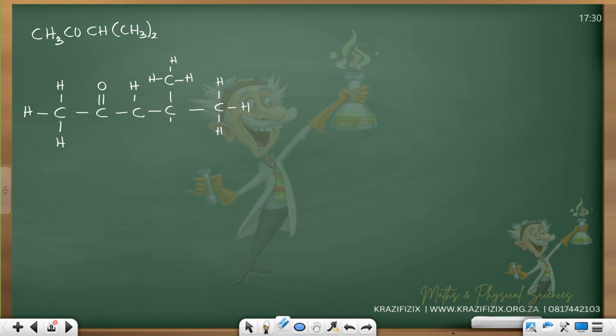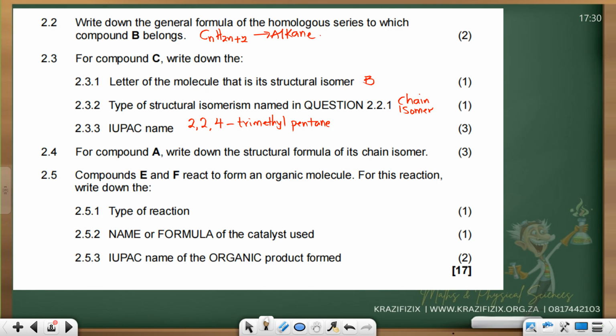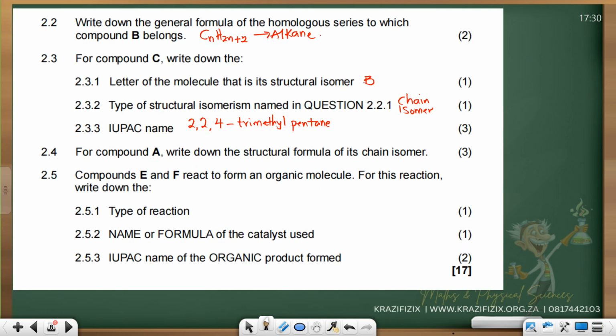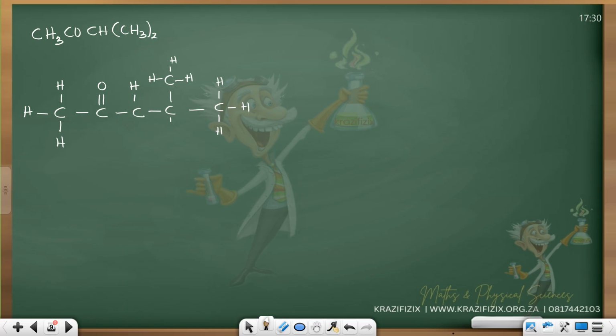I used 6 instead of... Did I use 6? What do you mean? Let's see. How many carbon atoms? CH3, CO, CH, CH3. Did I get that formula right? We got the formula. We got the carbon, right?